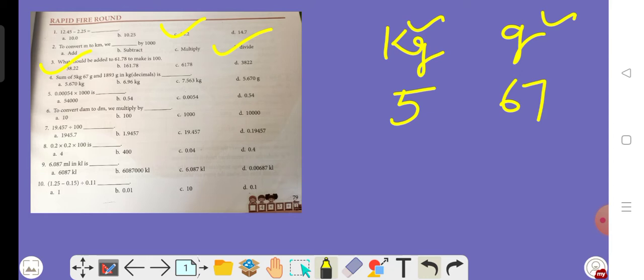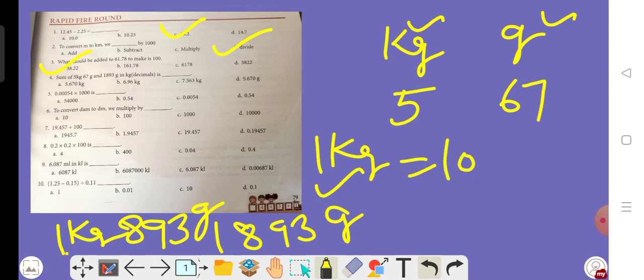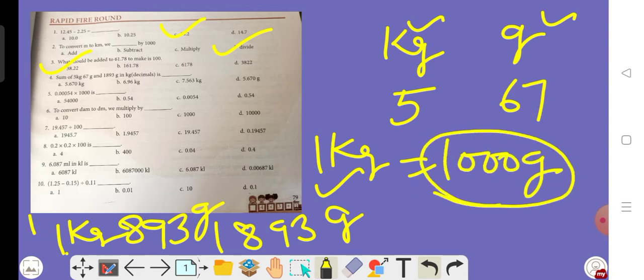Now the next number is 1893 gram. Firstly we will convert this number into kilogram and gram. So this is equal to 1 kilogram and 893 gram, because 1 kilogram is equal to 1000 gram.